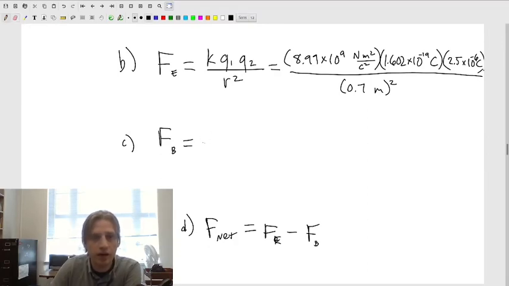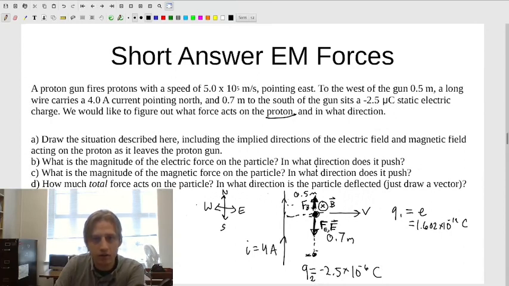let me put it in terms of the force on a particle, so it's going to be Q times V cross B. The Q that is being acted on by this magnetic field from the wire is this charge right there.